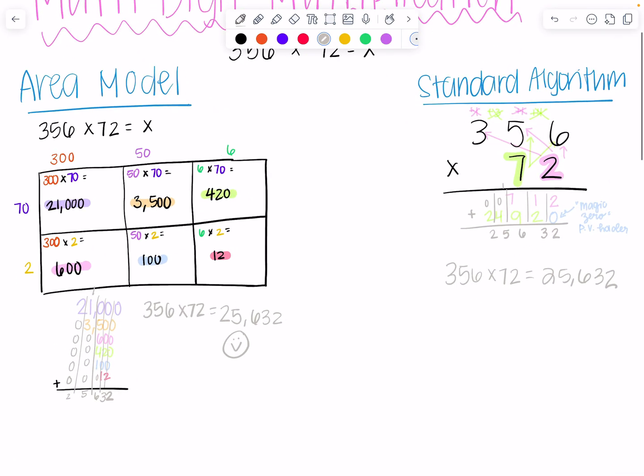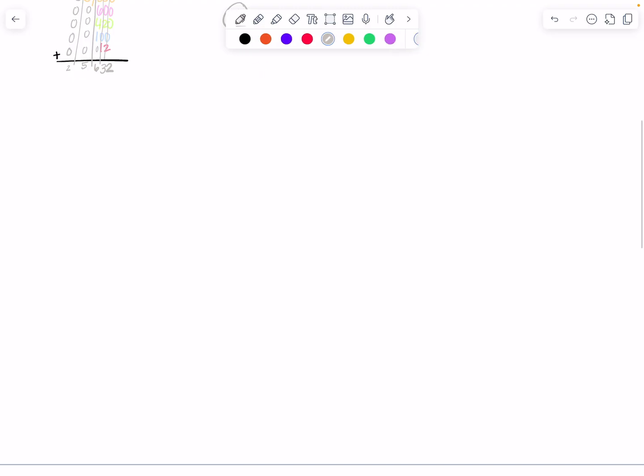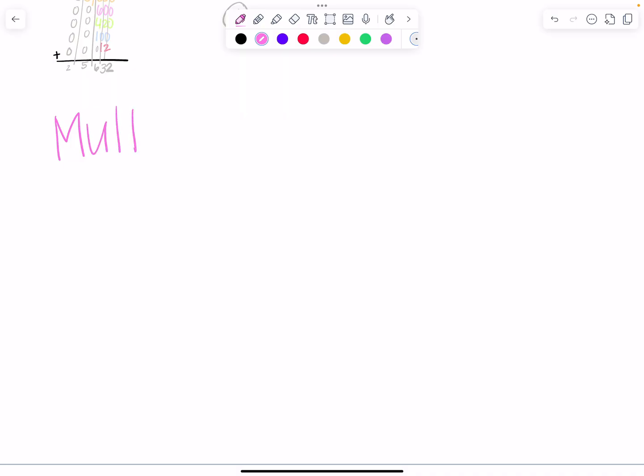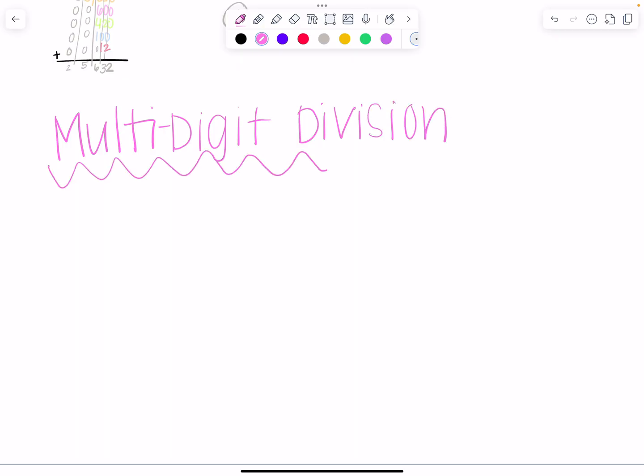Okay, next I'm going to solve some division problems. So we're going to do multi-digit division.